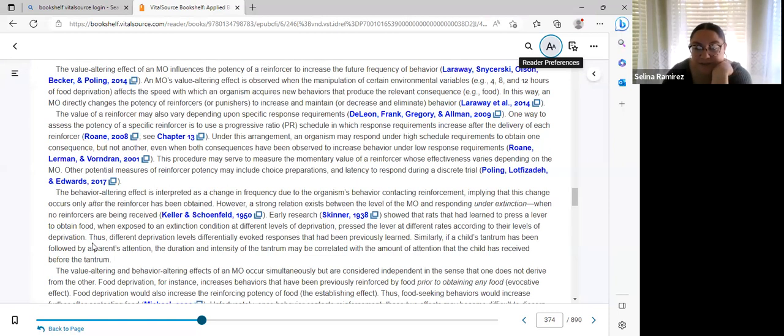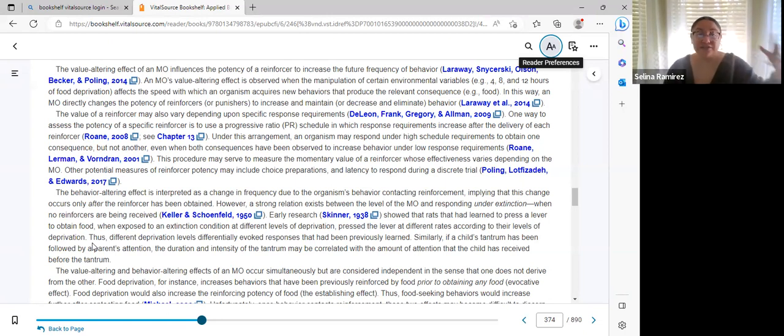So that's pretty cool, right? So you can change the frequency of the behavior all by manipulating the MO. Because they haven't eaten in a long time, the rats are pressing the lever more frequently because they want more food.